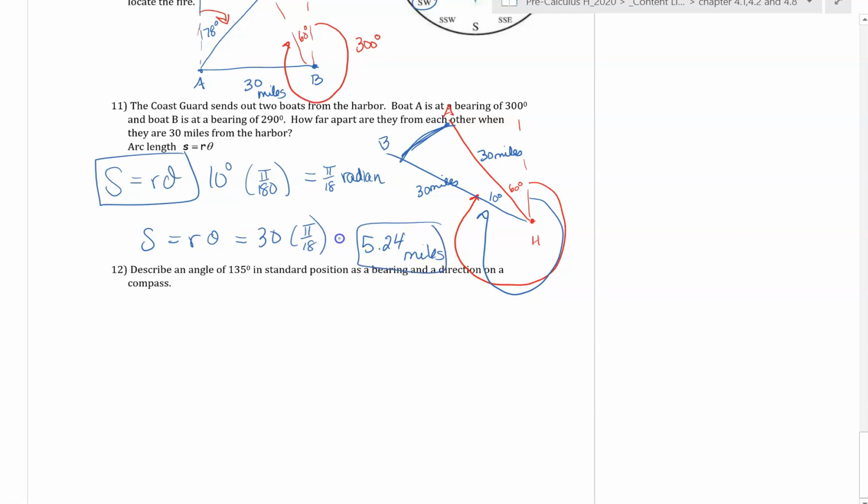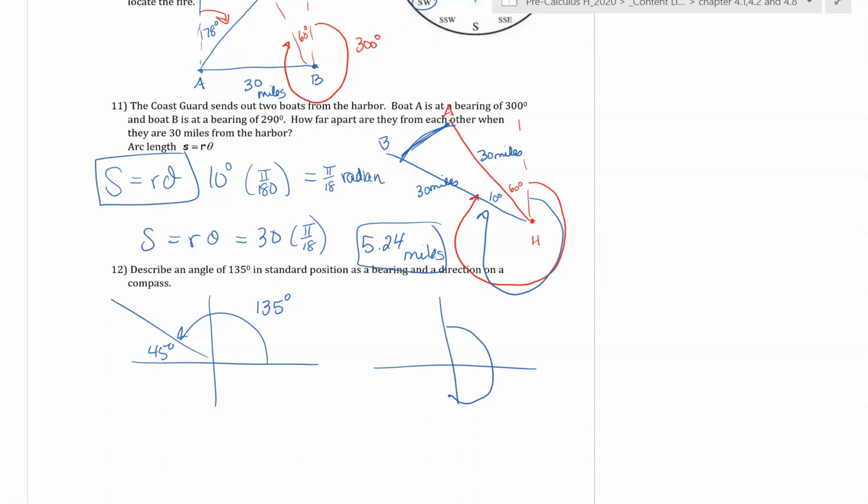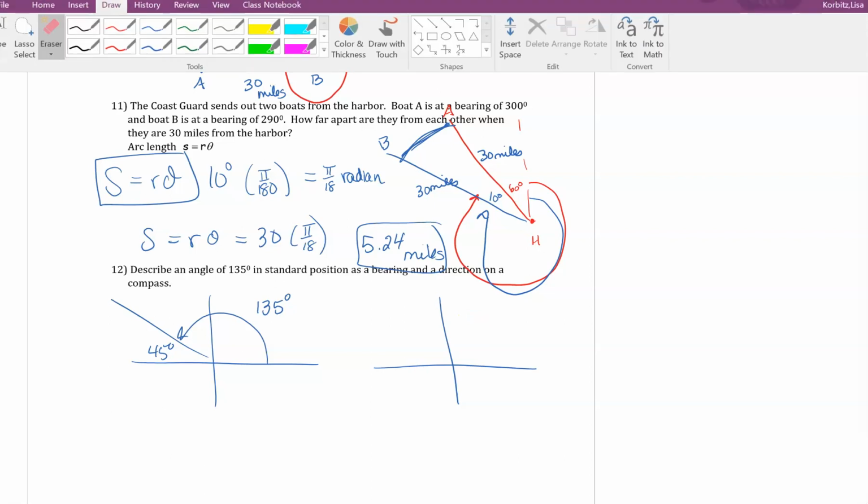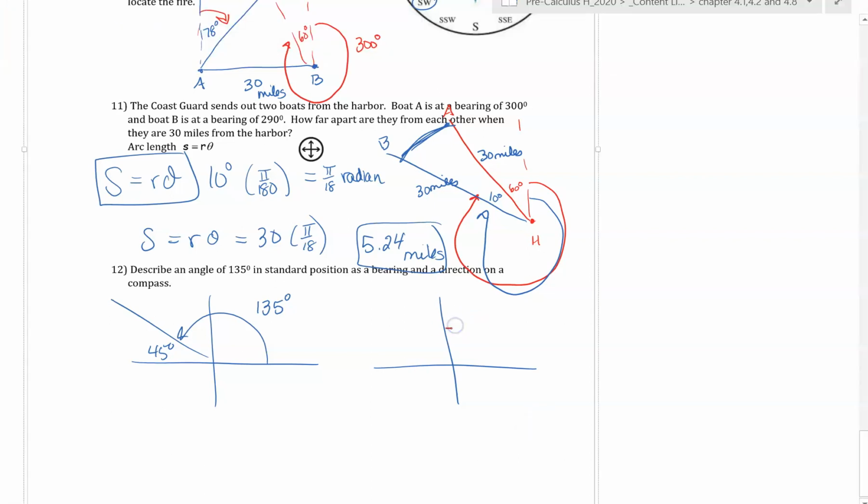Okay, so for the last one, I want you to think about an angle of 135 degrees in standard position, and then consider a bearing of 135 degrees and what that would look like on a compass. Sorry about that, I think I confused you. I didn't want you to think of a bearing of 135. I wanted you to think of what the bearing would be if it had that same terminal side.